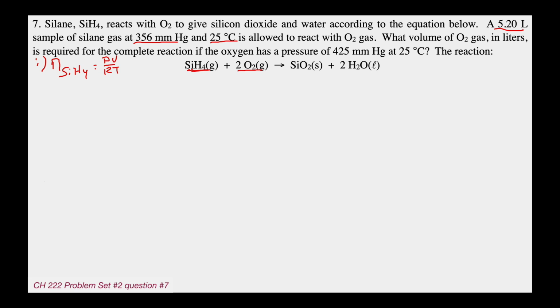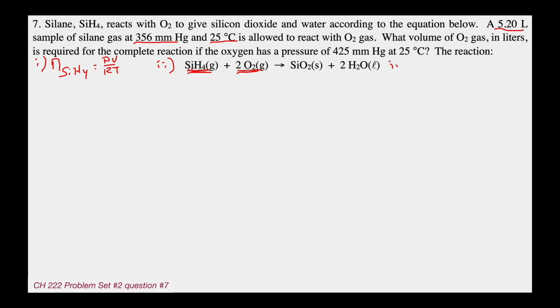In the second part of this problem, we're going to take the moles of silane and multiply by a 2-to-1 ratio, because 2 moles of O2 are needed for every 1 mole of SiH4. So in step 2, we're going to turn our moles of SiH4 from step 1 into moles of O2.